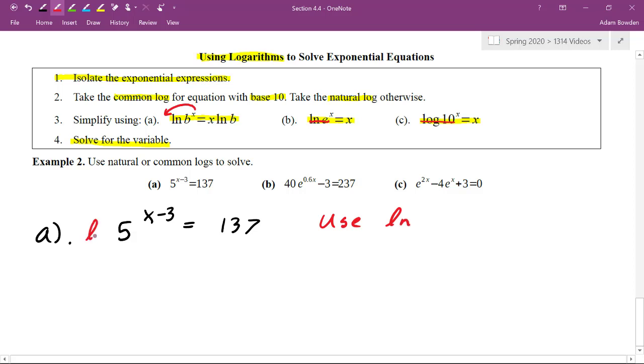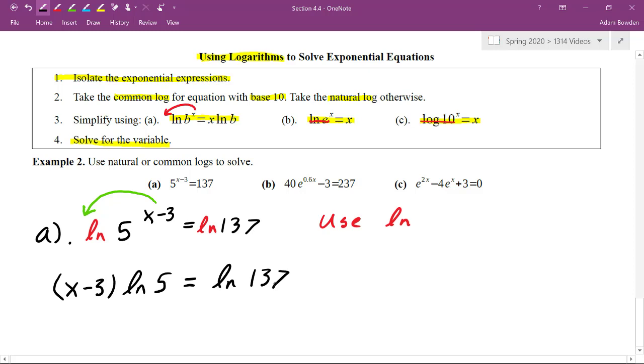I'm going to take the natural log and put it on both sides. Now if I put the natural log on both sides, the property of logarithm tells me I can take what's inside as the power and move it out to the front of the logarithm. That would change this into x minus 3 times ln 5 equals ln of 137.